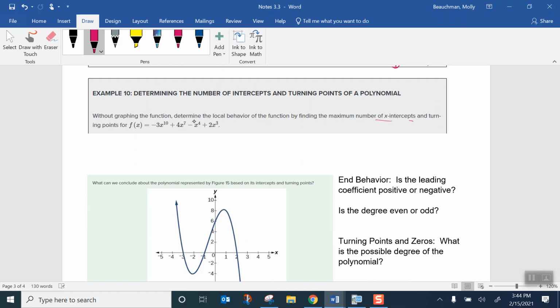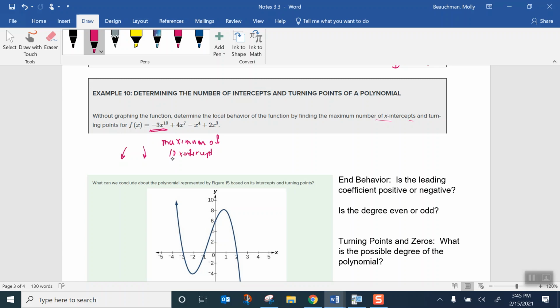So for this particular polynomial, it has an even degree, a leading coefficient of negative 3. So if it asks, end behavior does this. As x approaches negative and positive infinity, the function approaches negative infinity. So that's end behavior. Also, since x to the 10th is the highest power, it has a maximum of 10 horizontal x-intercepts.